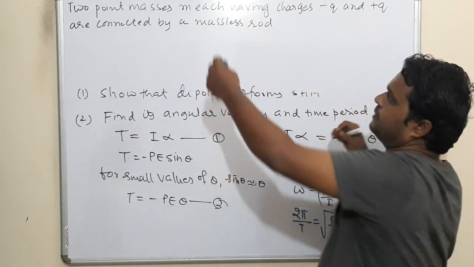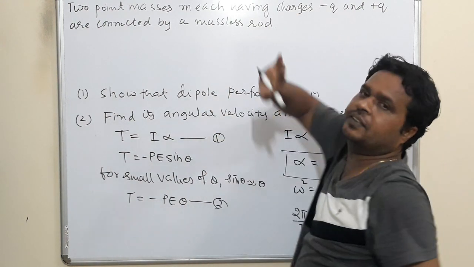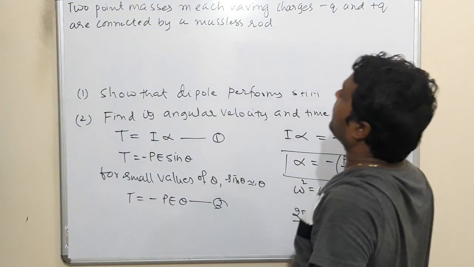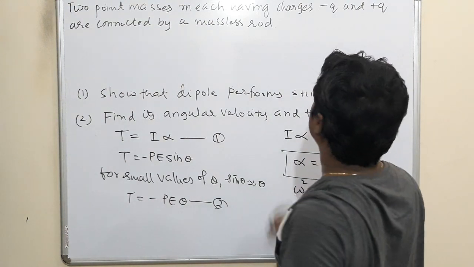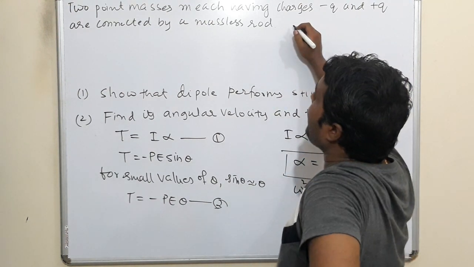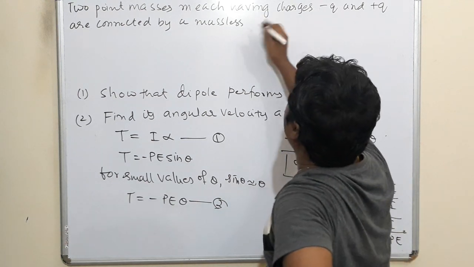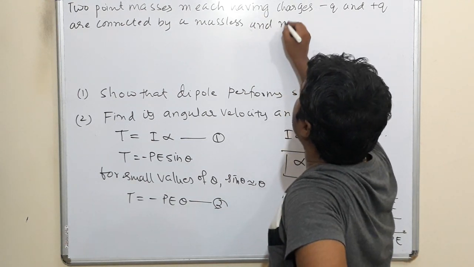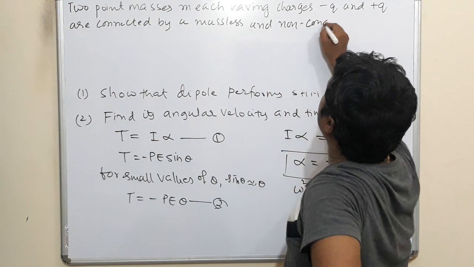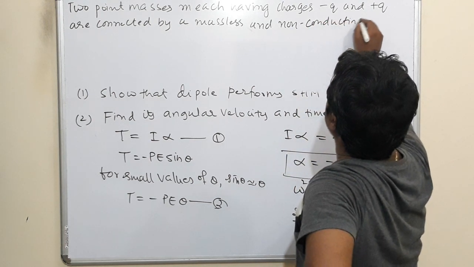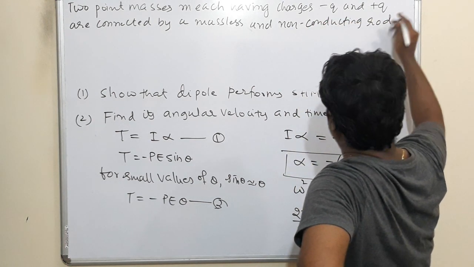The rod through which these two masses are connected, let us imagine that it is massless, connected by a massless rod, and I can say it is non-conducting, because charge should not flow through.